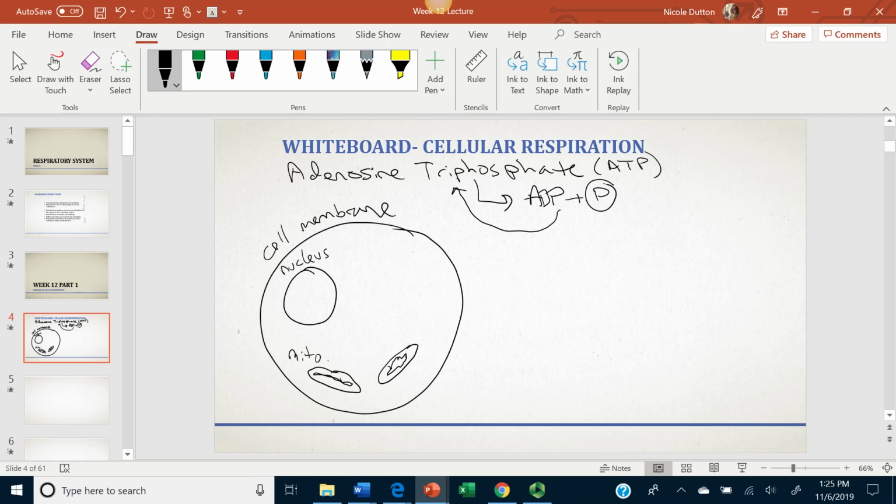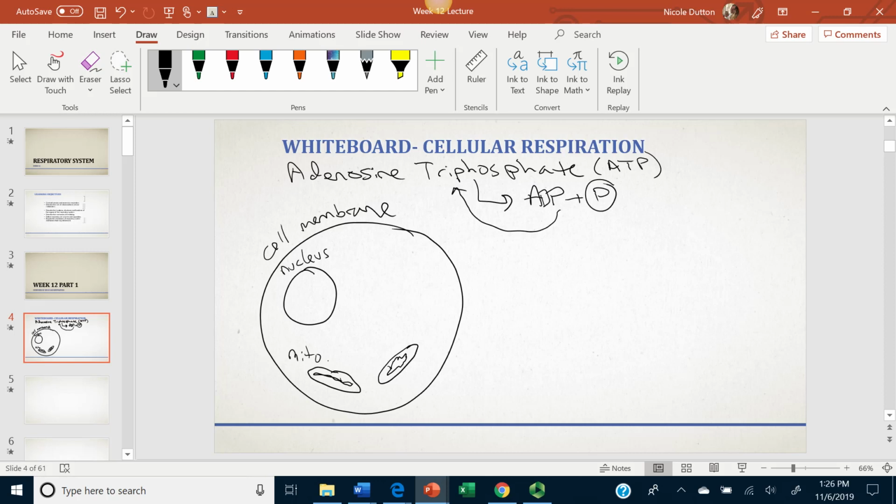And we said that mitochondria are the energy centers of the cell. So we're going to learn about the process of cellular respiration and why we consider them the energy centers of the cell. Energy production most easily begins with a molecule called glucose.